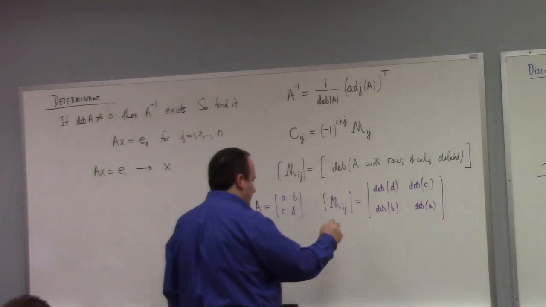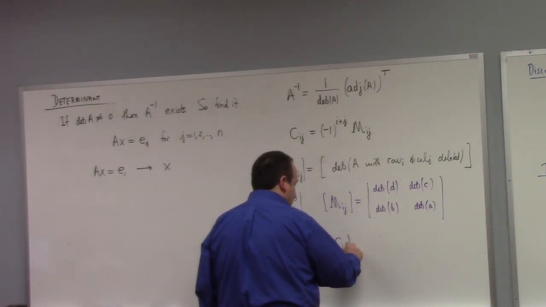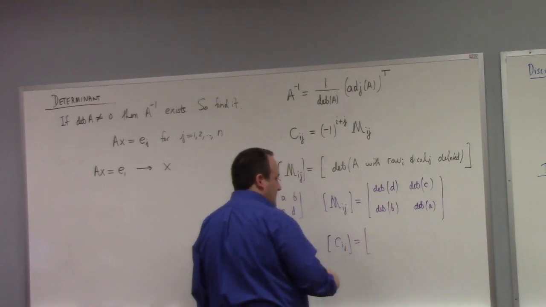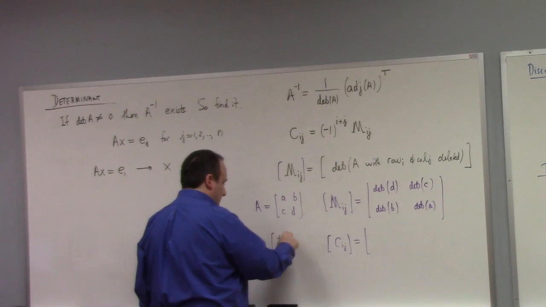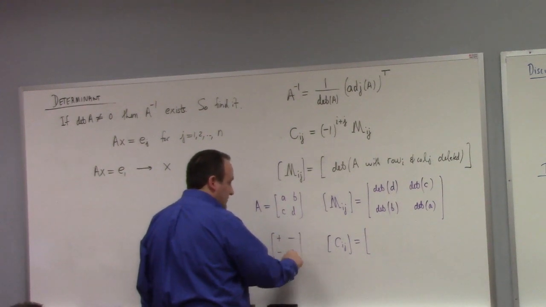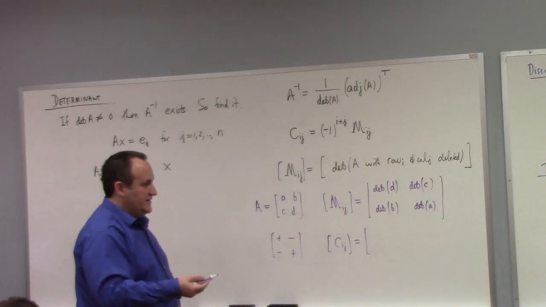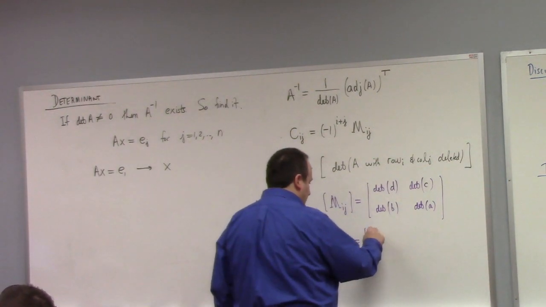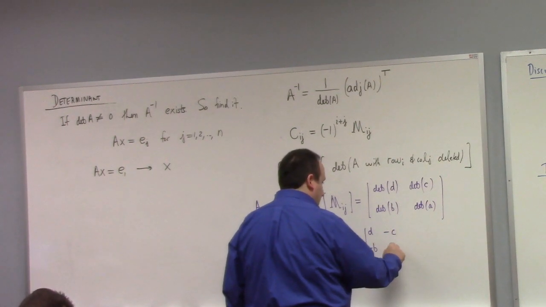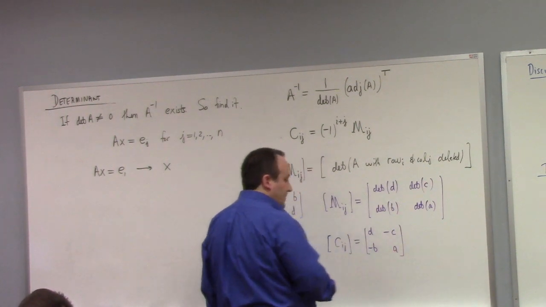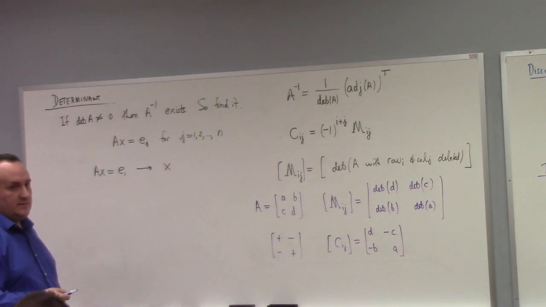Anyway, so if that's the case, then what's C_ij? You have to add your plus minus plus signs to those, right? So the determinant of D, of course, is just D. So that gives you D, minus C, minus B, and then A. And then what happens if we transpose that?